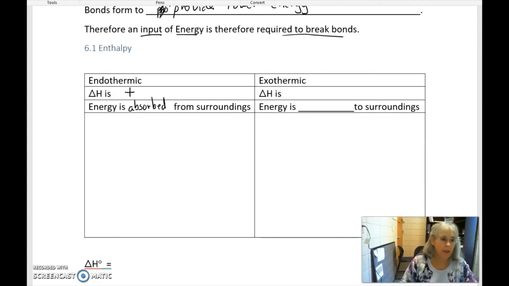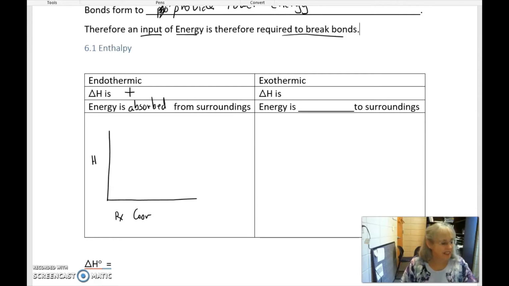If we draw the energy diagram for that reaction, we have the value of H on this axis, and this is the reaction coordinate. We have a starting energy here and a product energy here.